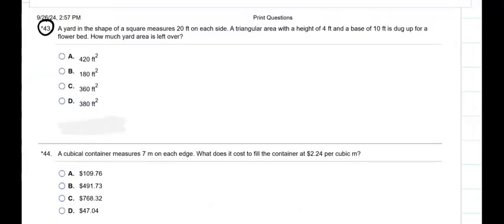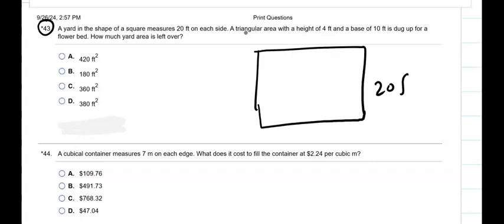Question number 43. A yard in the shape of a square measures 20 feet on each side. So this is the yard here, 20 feet each side, because that's a square. 20 feet, 20 feet, and 20 feet. A triangular area with a height of 4 feet and a base of 10 feet is dug up for the flower bed.